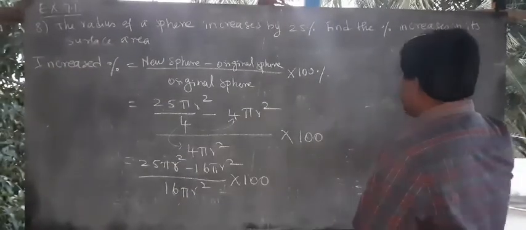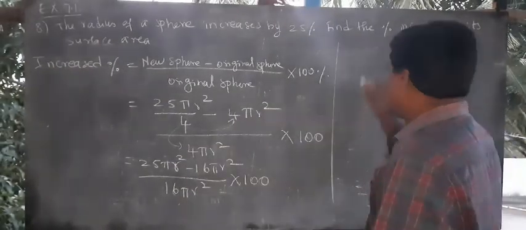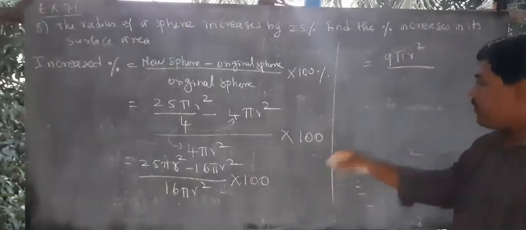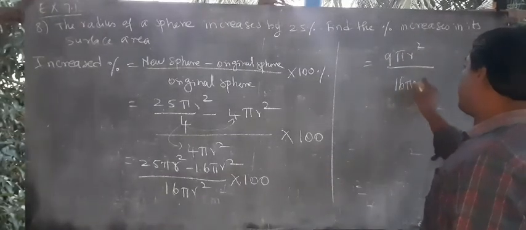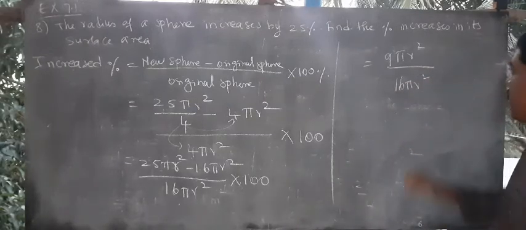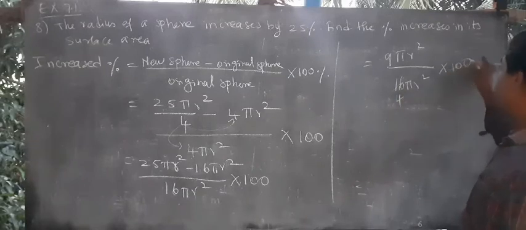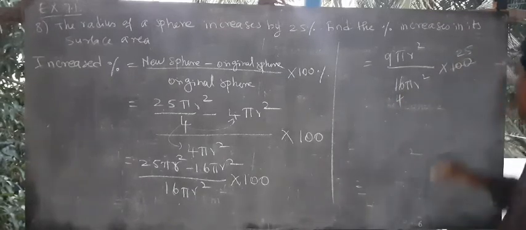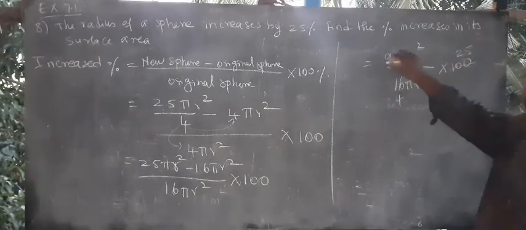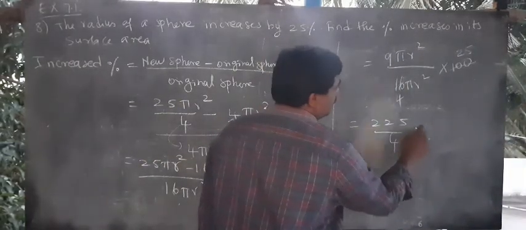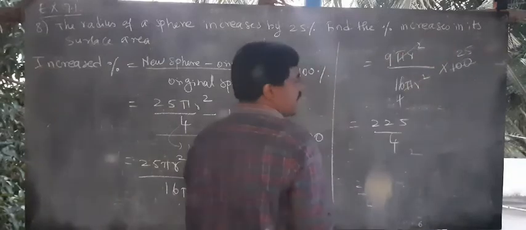So 25 minus 16 is 9 pi r square by 16 pi r square into 100. 4 times 4, 25 times 9 is 225 by 4. Pi r square will be cancelled.